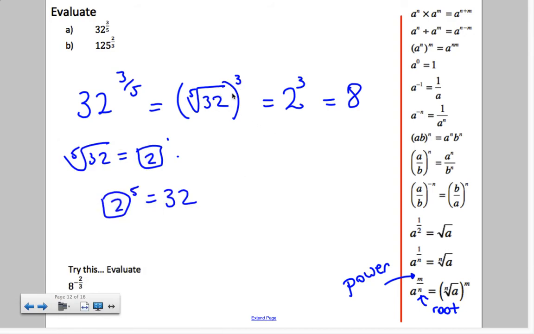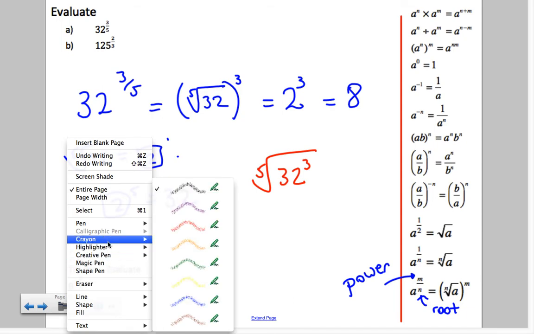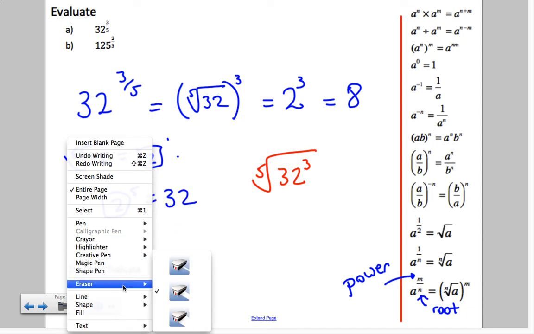Could we have done it the other way around? So could we have done 32 cubed and then found the 5th root of that? The answer is yes, but you'd have to do 32 cubed, which is 32 times 32 times 32, and we haven't got time. So that's not the most efficient way. Let's erase.